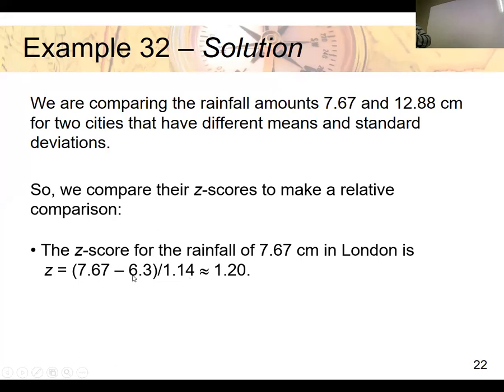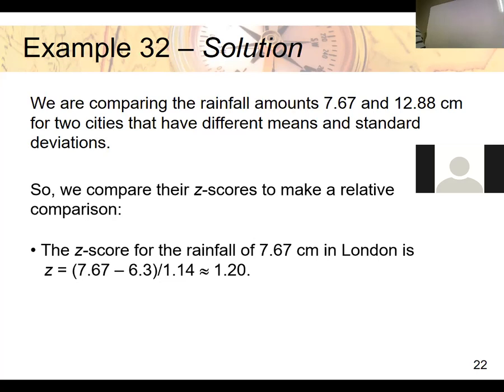So 7.67 minus 6.3 is 1.37. That divided by 1.14 is approximately 1.20, rounded to 2 decimal places. So the z-score for rainfall of 7.67 in London is approximately 1.20.